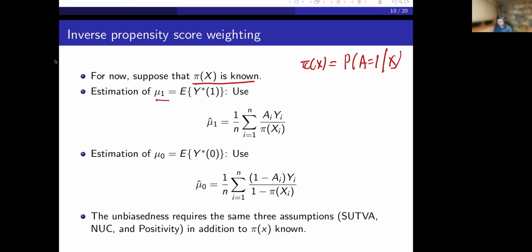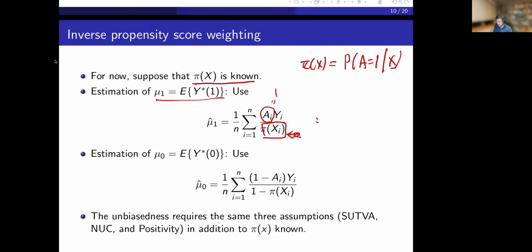So basically, what is this? We use the A equal 1 cases only, remember A is an indicator, so we choose the A equal 1 cases only, but divide by their propensity probability. So that is a kind of weighting, right?